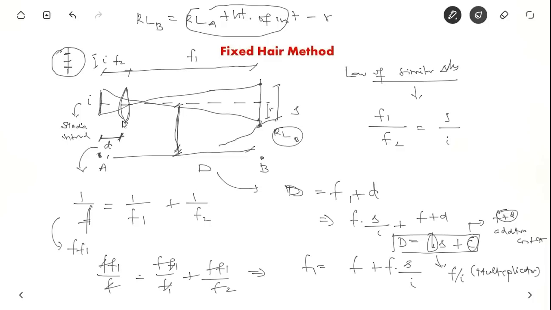That is the reduced level of point A plus the height of the instrument which you are using. That will give up to this point, and then you have the reading R, which is from ground to line of collimation. If you subtract, you will get this distance. So this is the formula for finding the reduced level of point B.